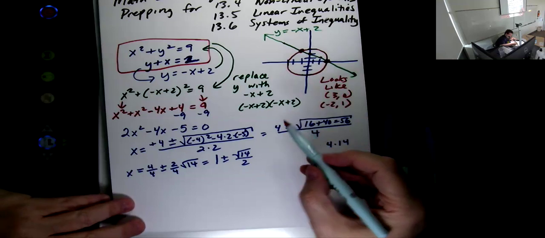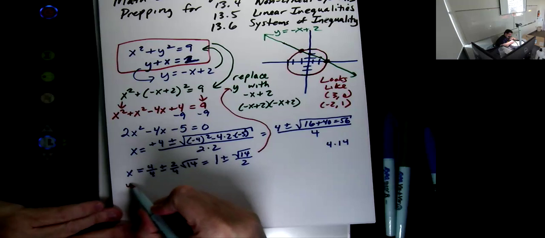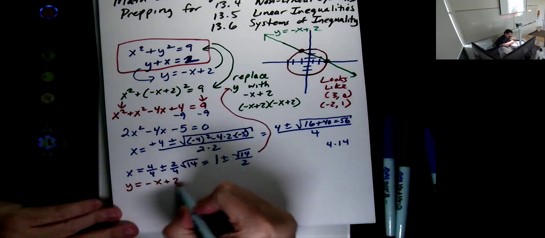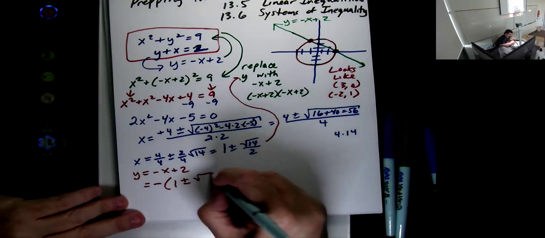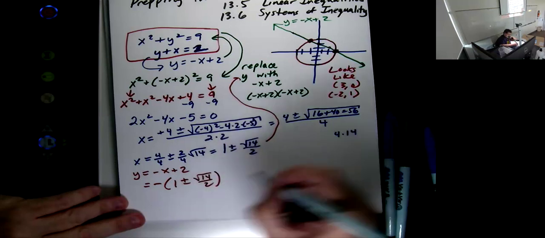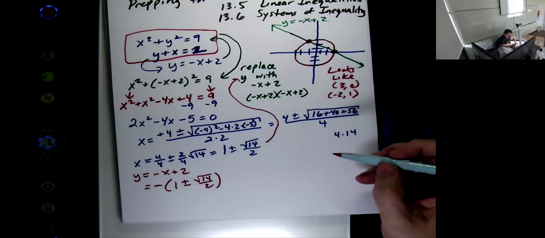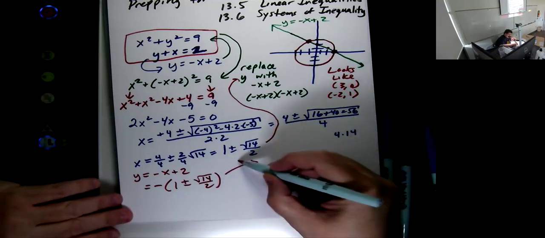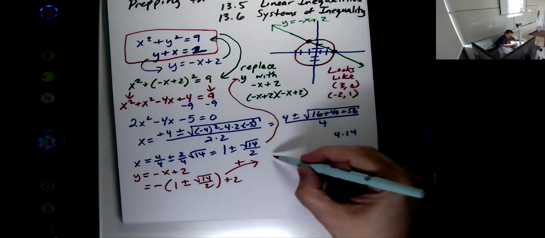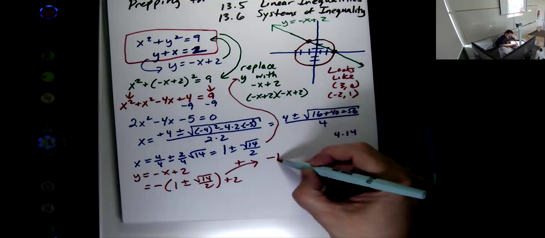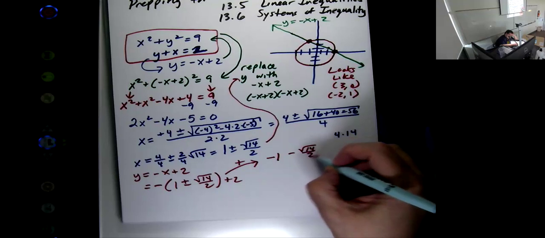So probably just plug them in the line. y equals negative x plus 2, negative (1 plus or minus square root of 14) over 2. So the positive root, and then I have a plus 2 outside. The positive root is negative 1 minus the square root of 14 over 2, plus 2.